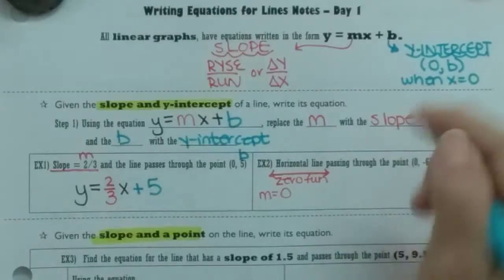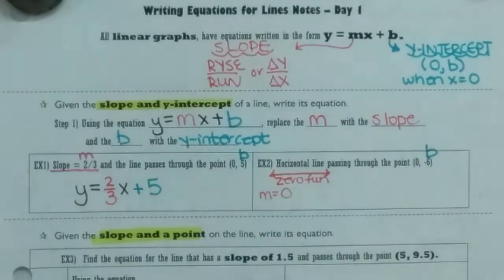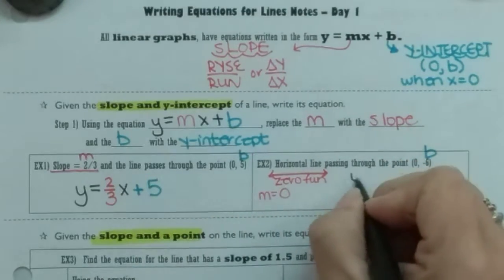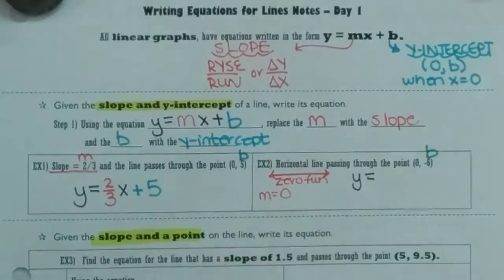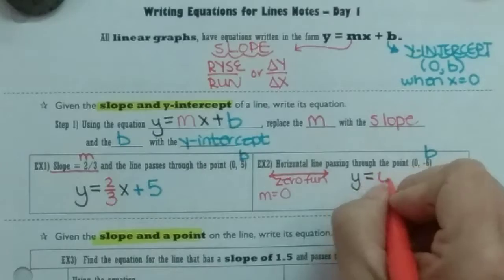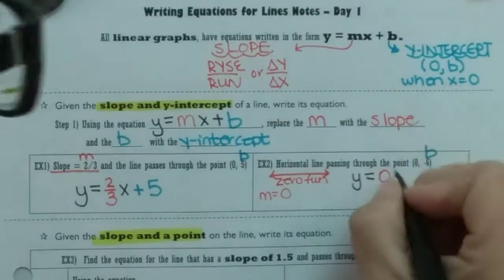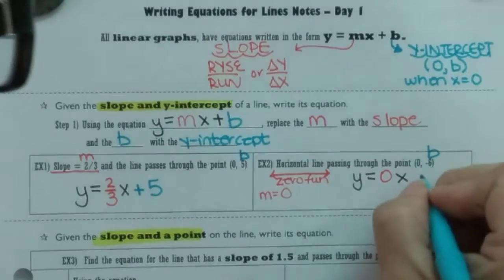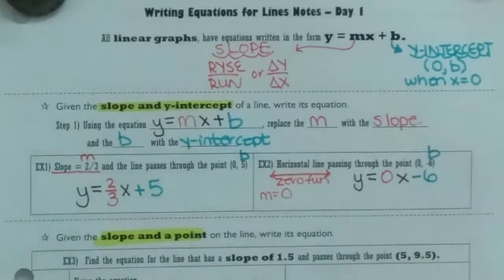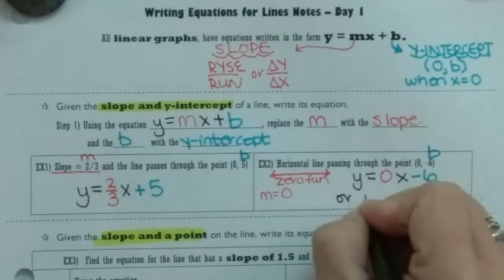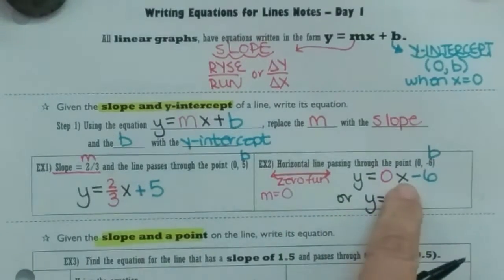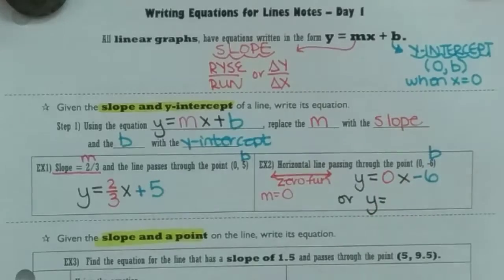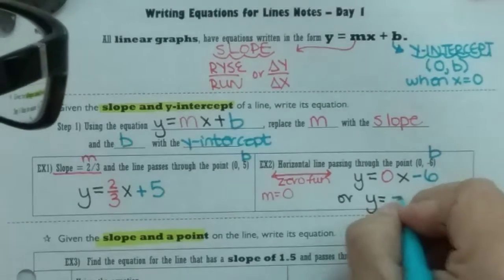So again, x is 0, so our y-intercept is going to be -6. So we can write our equation as y equals, in place of m, we can put a 0. We'll keep the x. And since our b is -6, we're going to write -6. Now, we can write that more simply: y equals, and 0 times x just gives us 0, and 0 minus 6 is -6.